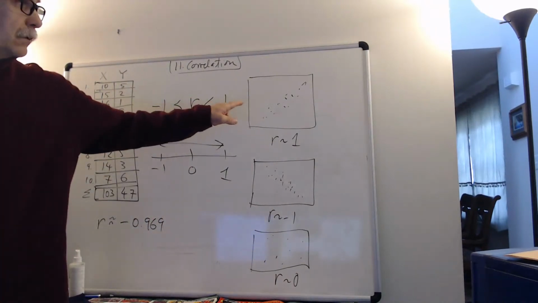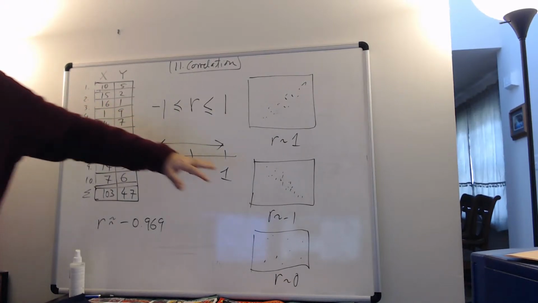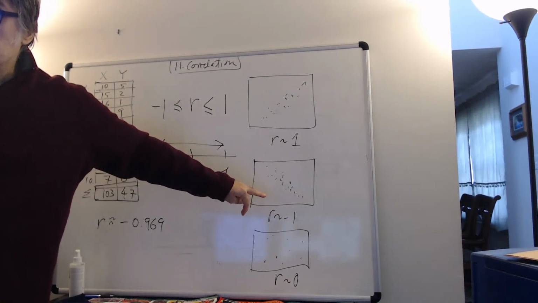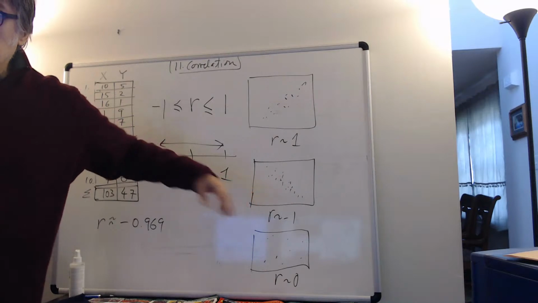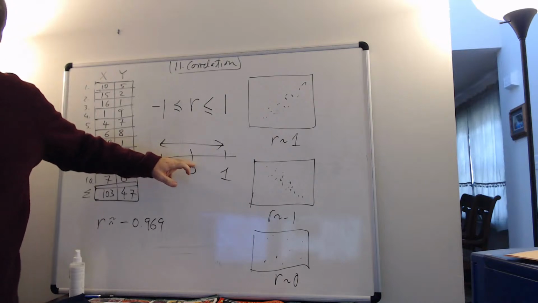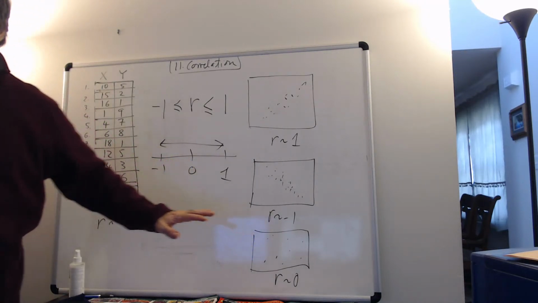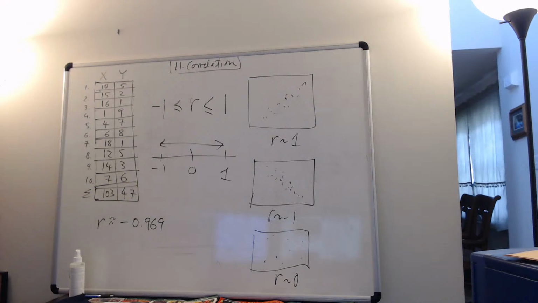Something like this. Okay? When it gets closer to -1, you're going to have a trend that looks like this. Right? Like the Boston Park mugging problem. And when it gets around 0, then you're going to have a trend that is not indicating any linear connection. So that's an important thing.